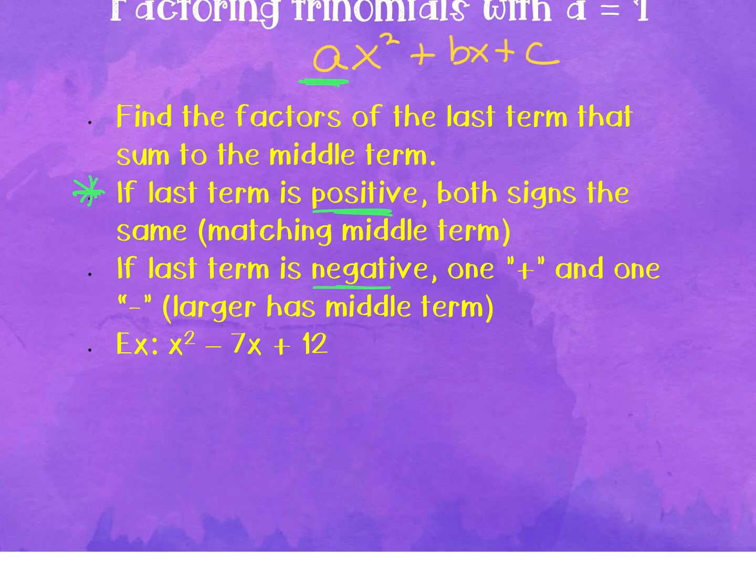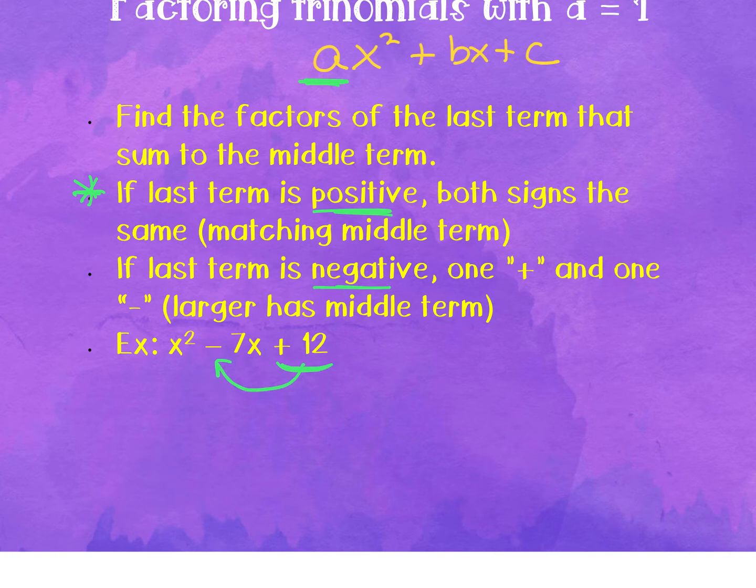So I need to look for the factors of this last term. So all the ways to multiply to get a positive 12. Now, the thing to look at, remember, if that last number is positive, the signs are going to be the same on my factors. And the sign that both numbers will have is the sign of this middle.